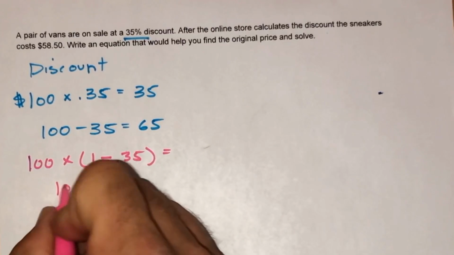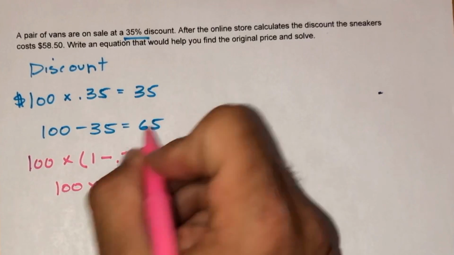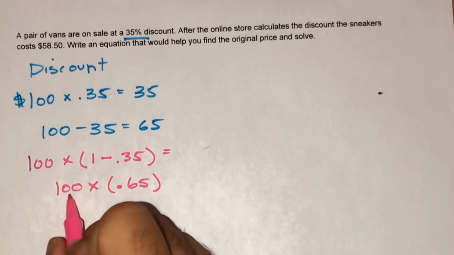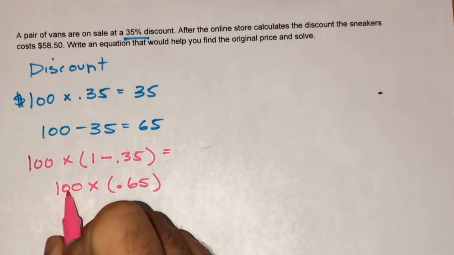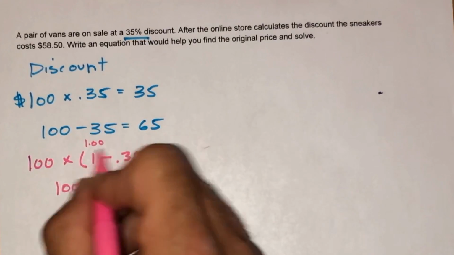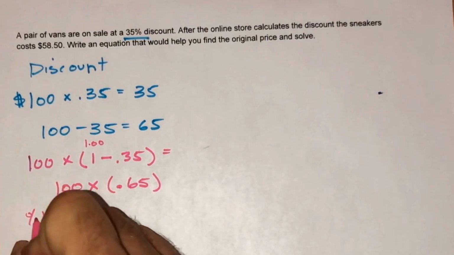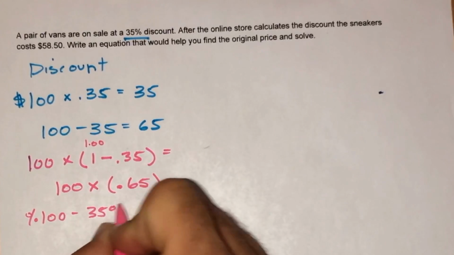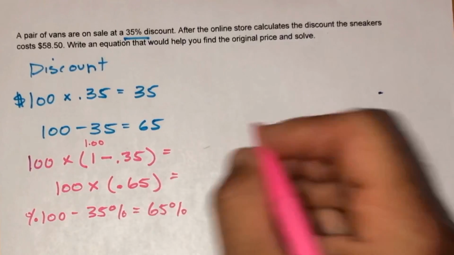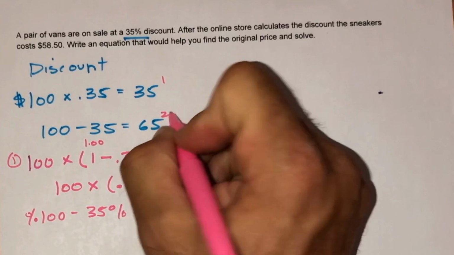And if you look here, a 35% discount is basically selling the product for 65% of its whole, because we took the whole piece, the 1.00, basically 100%, and we took away the 35%, 100% minus the 35%. I think it's good to look at that too, and we got 65%. That's how much it's going to sell for, and we got $65, which we did in one step, where here it took 2 steps.